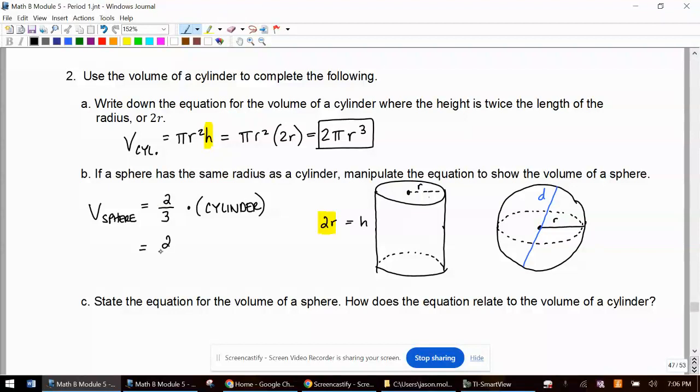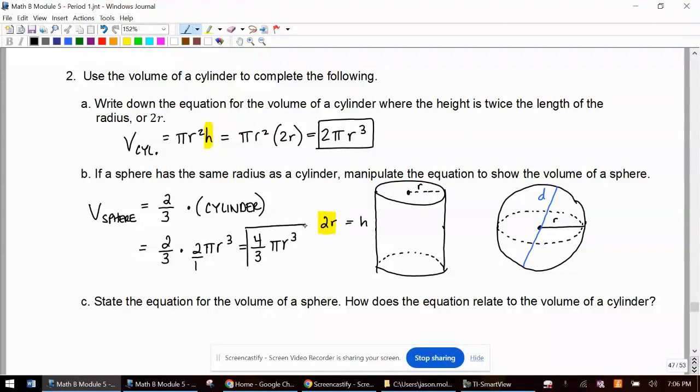So we've got 2/3 times the formula we have above, which is 2 pi r cubed. And then we're going to simplify further. We're going to put this over 1. And 2 times 2 is 4 over 3. 3 times 1 is 3. And pi r cubed.